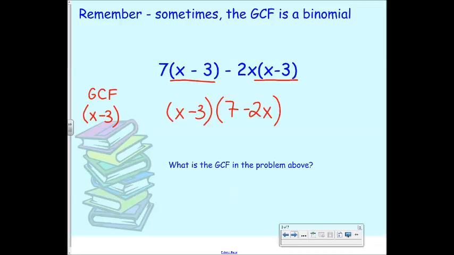It's not wrong, it's just a binomial GCF. So your GCF goes in the first set, and then you put all your leftovers right here. And the leftovers are the stuff that's outside, because that's the stuff being multiplied by that GCF.